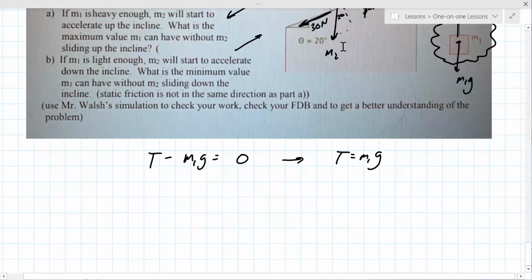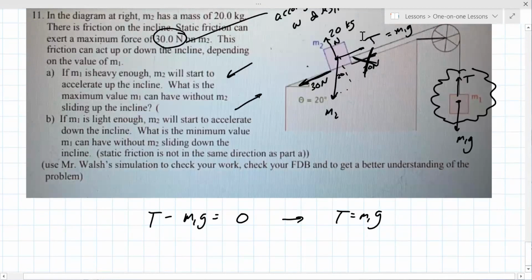Okay, so then let's go in the x direction, because that's the only one that we care about. Sum of the force in the x direction equals mass times acceleration, except it's not moving. We'll choose right as being positive. So T is positive, which is really M1G, but I'll just leave it as T for the moment.